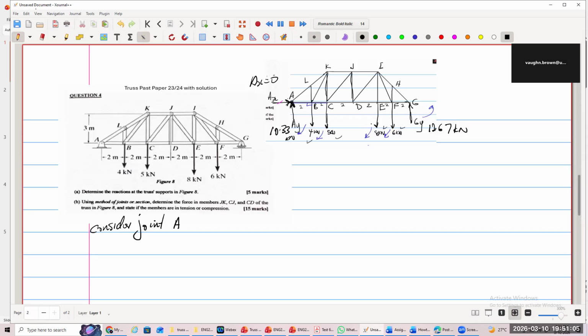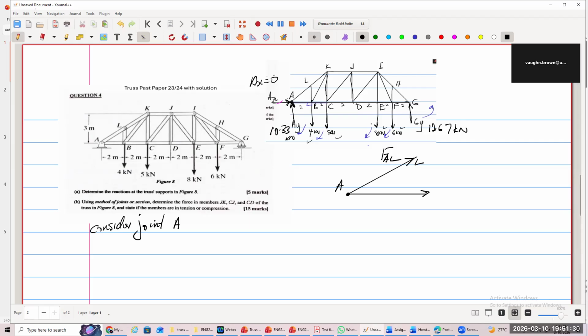So when you consider joint A, let's do it here. This is a joint, and I'm going to draw the joint. The joint that I'm drawing is representing A, and the force that it is, this is AL. So I'm going to assume that it is in tension. So I'm drawing it that way, so I can put an arrow that way. I'm going to draw joint B, so I'm going to put it that way.